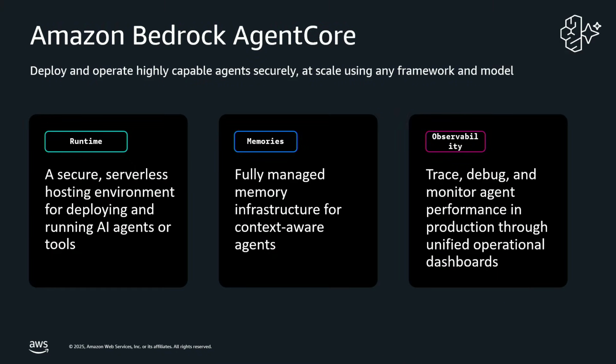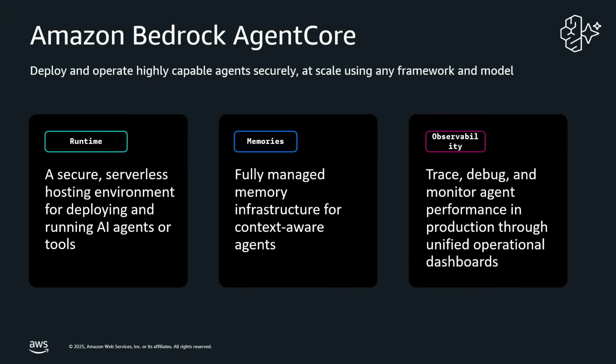The next tool we're going to be using is Amazon Bedrock Agent Core. Amazon Bedrock Agent Core is an agentic platform for building, deploying, and operating AI agents at scale, production ready. Agent Core comes with a suite of services.